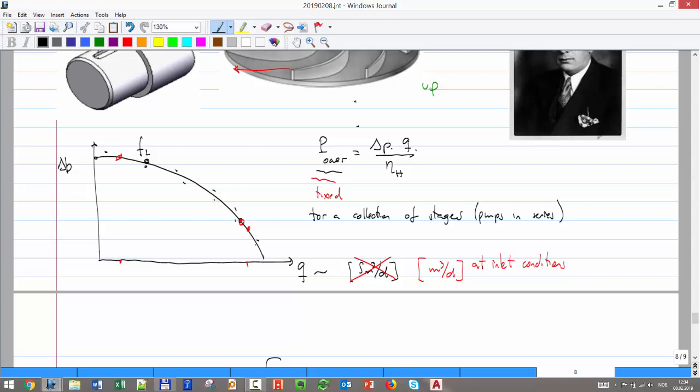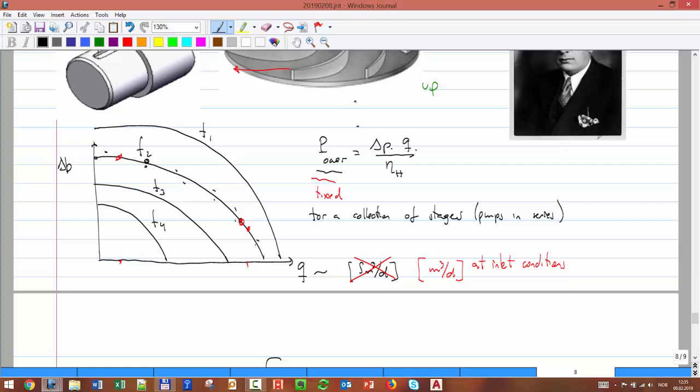Basically, if I increase the frequency, I should have something like that. Frequency, let's put this one 1, let's call this one 2. If I reduce the frequency, I should have something like that, F3 and F4.